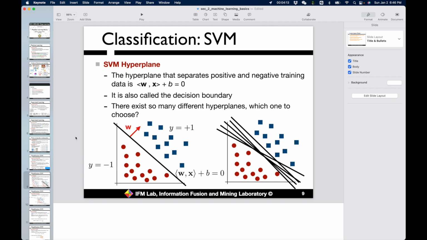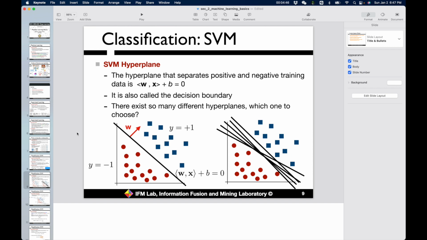So how can it work? According to our previous descriptions, normally via the feature extraction, all the data instances will be in the feature space, right? And here we can take a two-dimensional feature space as an example. We have both positive instances and negative instances. The squares in blue color denote the positive instances, the circles in red color denote the negative instances, right?